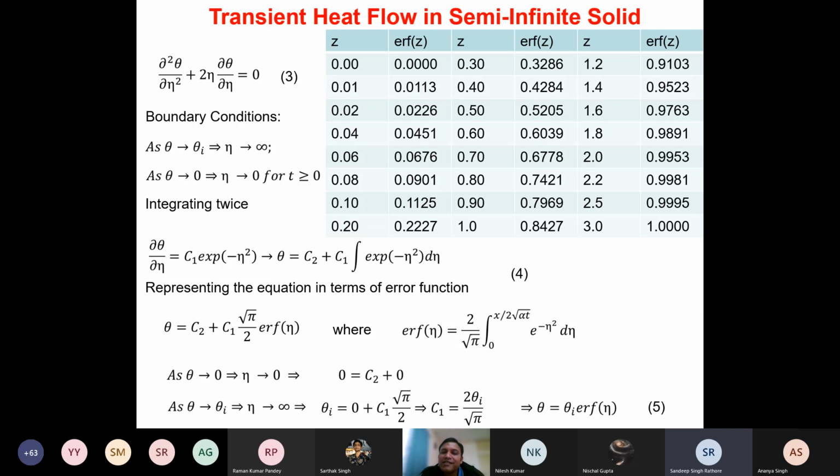So very often you get such situations where finding this integral is not easy, isn't it? And therefore you calculate it in terms of a standard function like this error function, and the numerical values of this error function with respect to this z are already known. People have calculated it, and these are tabulated. So that's why this table I have given here.